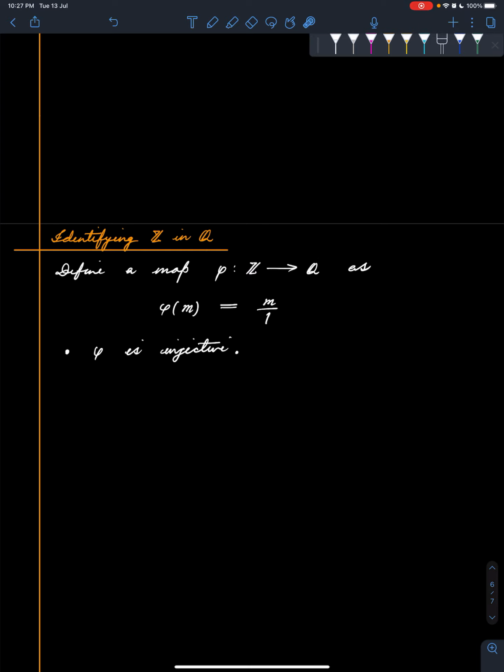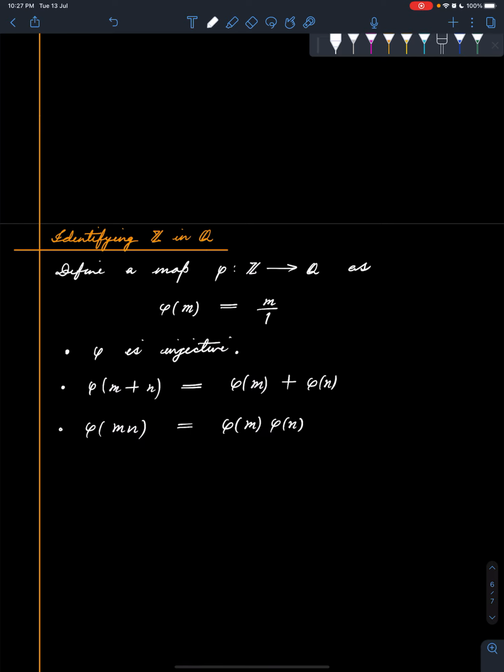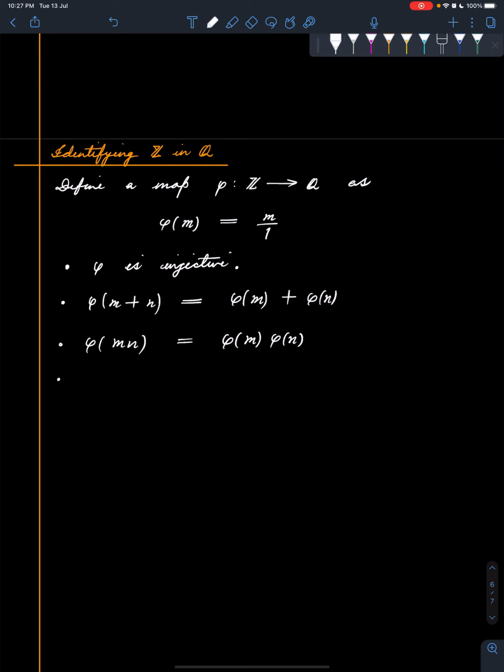So that's good. And further, it respects the algebra of Z, meaning phi of m plus n is phi m plus phi n. Phi of m times n is phi m times phi n. And it also respects ordering.